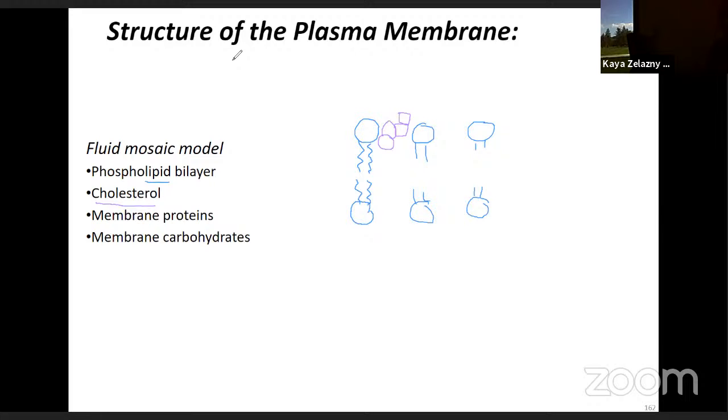We're also going to see, super important for transporting things across our membranes, our membrane proteins. A membrane protein can stay on one side of the membrane or it can go all the way through. So I'm going to draw one that goes all the way through. Okay, so we have a membrane protein.